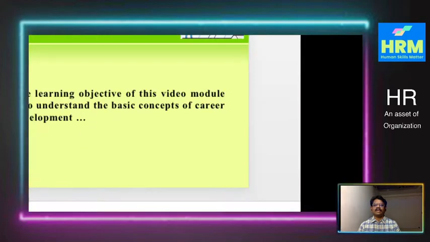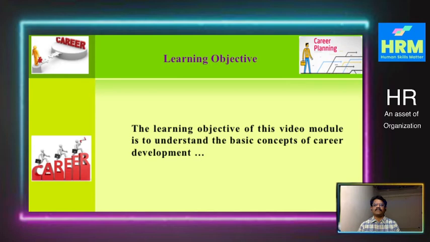So the learning objective for this module is you will find out the different stages in career development, like stages in the career plan. These developmental stages, the career development stages, slightly reflect the career plan.